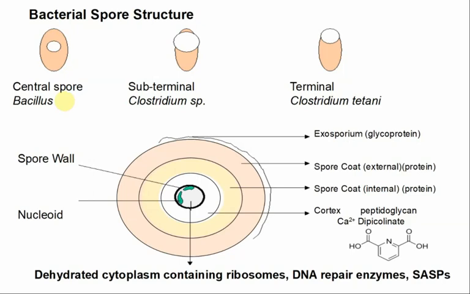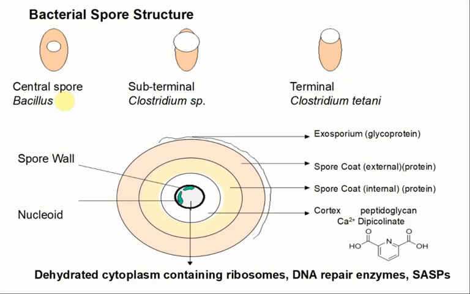Then you have the cortex, which is a layer of peptidoglycan associated with this unusual molecule called dipicolinic acid, only found in the cortex of an endospore. And then inside, you've got the peptidoglycan cell wall of the spore, and then dehydrated cytoplasm with bacterial DNA.